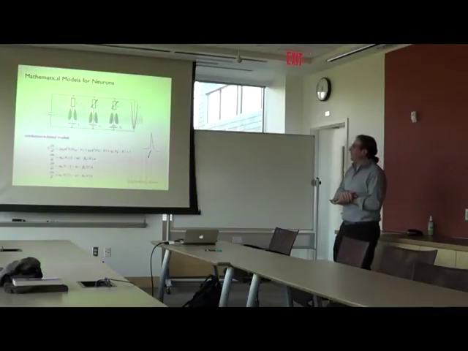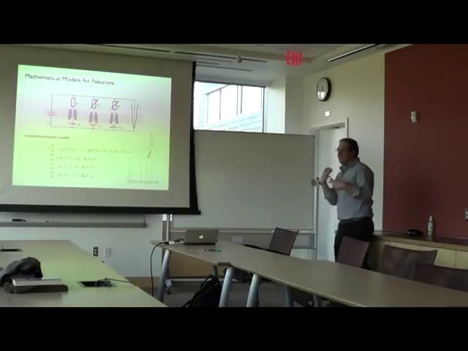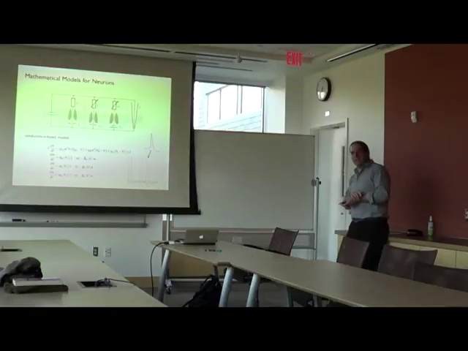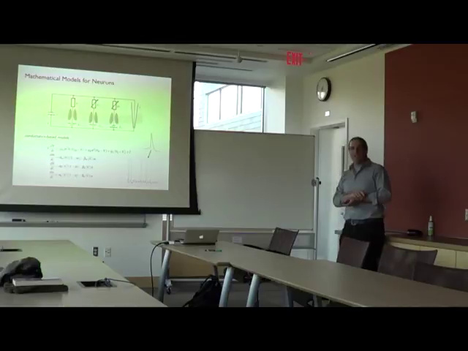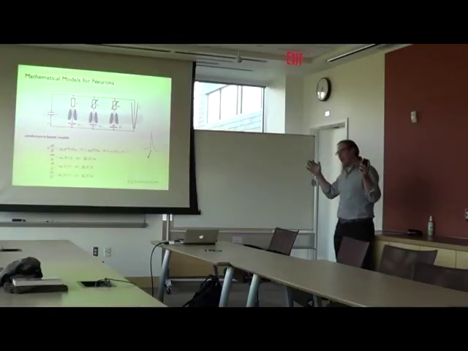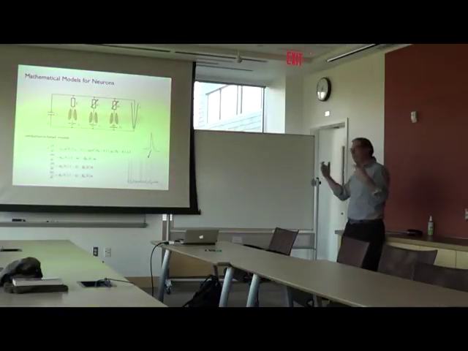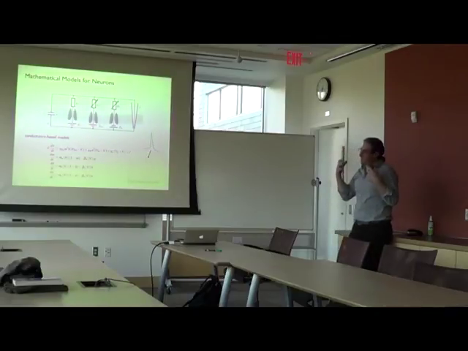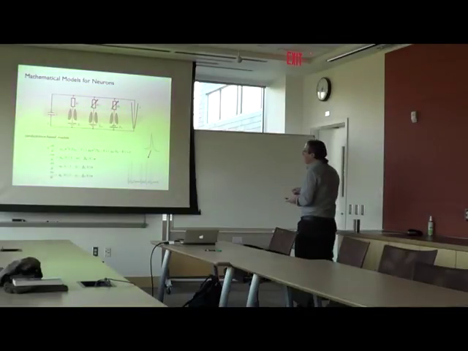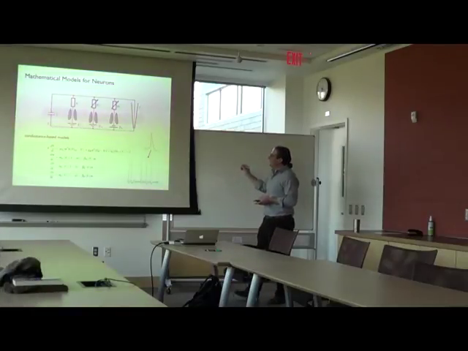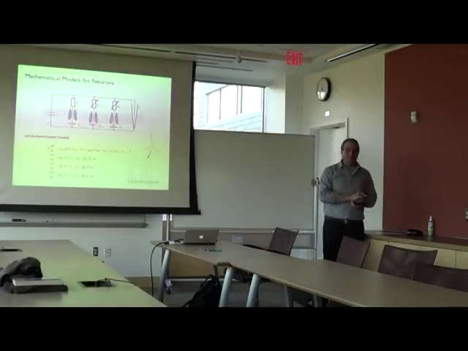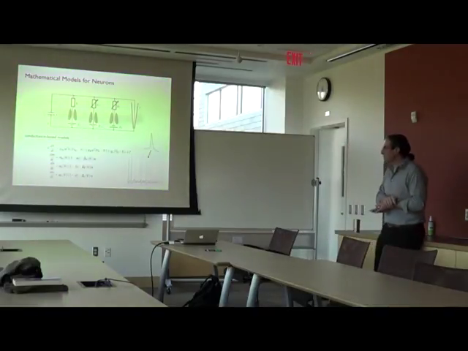The problem with these models, while they're beautiful and more realistic, is they're computationally very intensive. And I'm looking at very long periods of time to build up these oscillations and to gain data. What makes them computationally intensive is the action potential. That action potential requires very fine time steps to resolve.